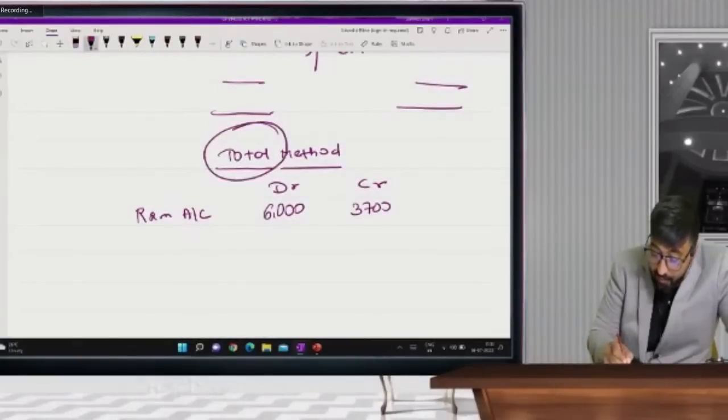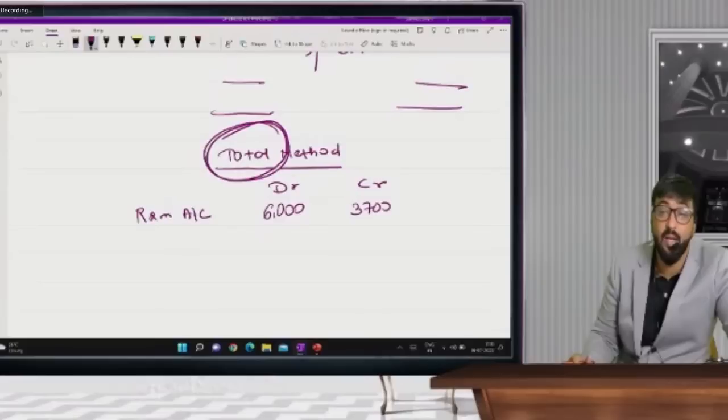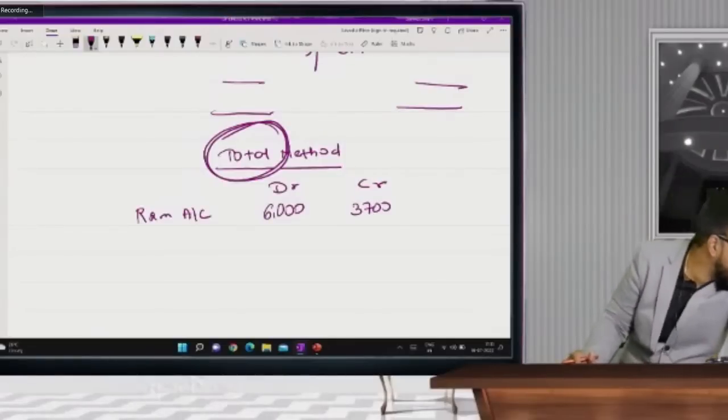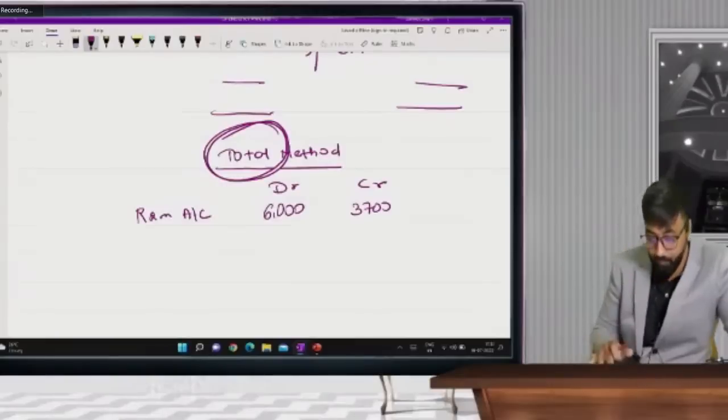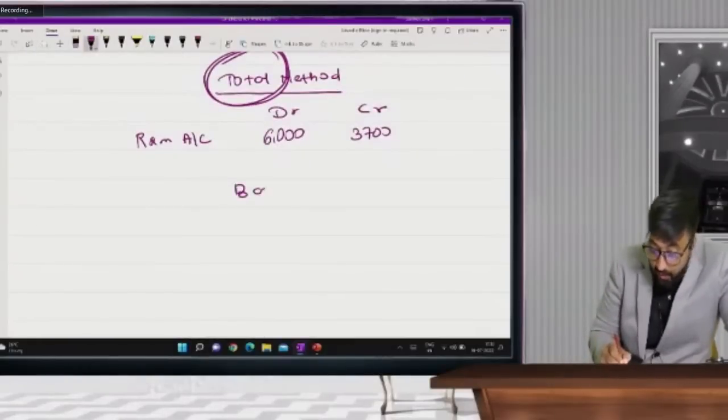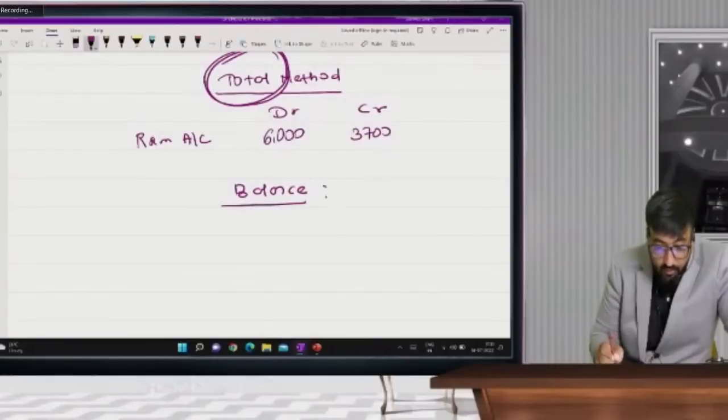So I'm taking debit total, I'm taking credit total. So it is called as total method. इसको क्या बोलते हैं बेटा? इसको बोलते हैं total method. Second method is a balance method.